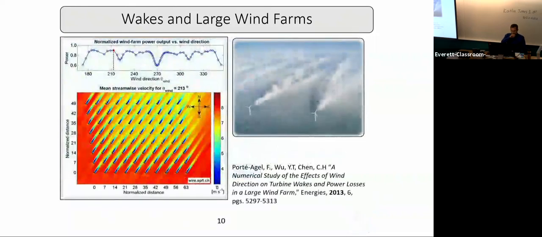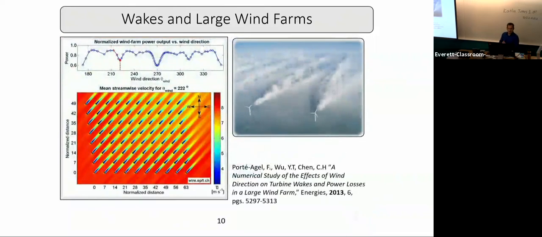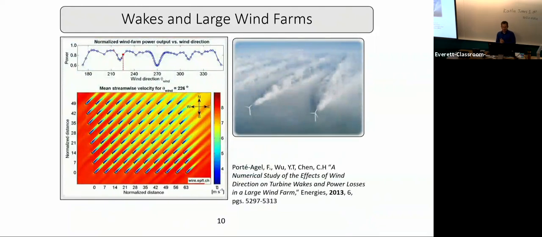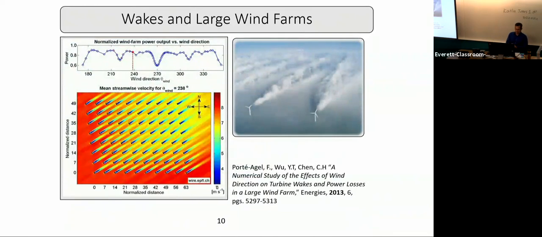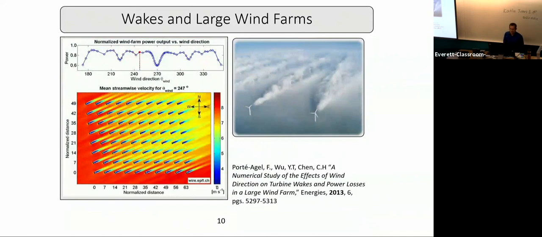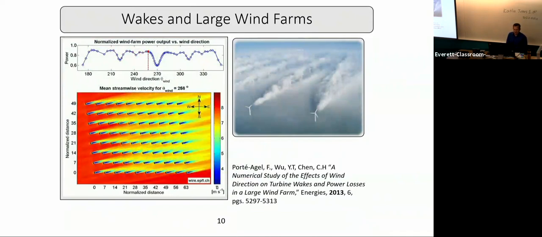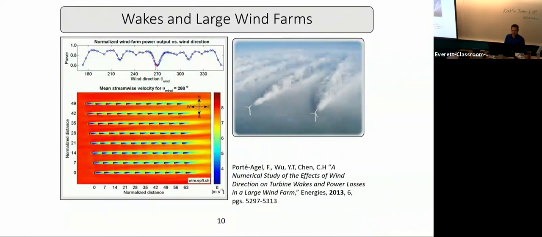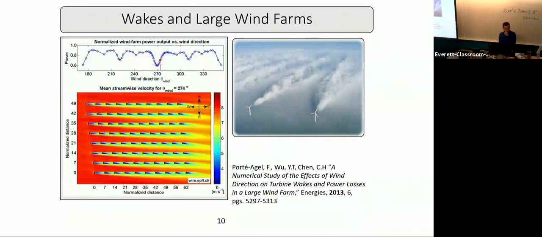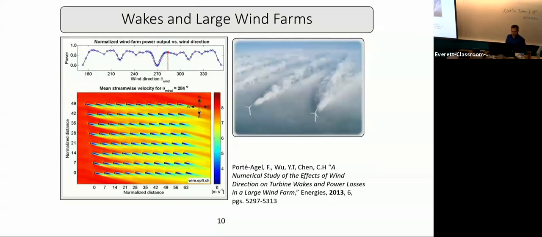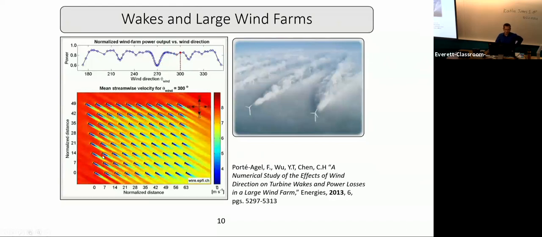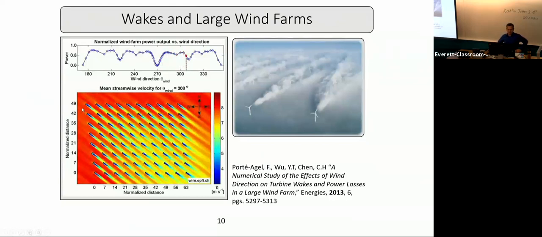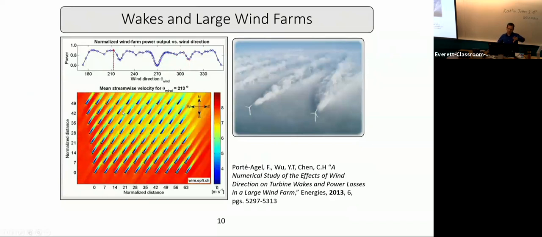Oh, cool, it's going to work. This is from a paper from a research group in Switzerland. What you're looking at is a CFD simulation, a computational fluid dynamics simulation, of wind turbines that are evenly spaced like this. At the bottom is a simulation of what the wind speed would be doing as the wind changed direction.